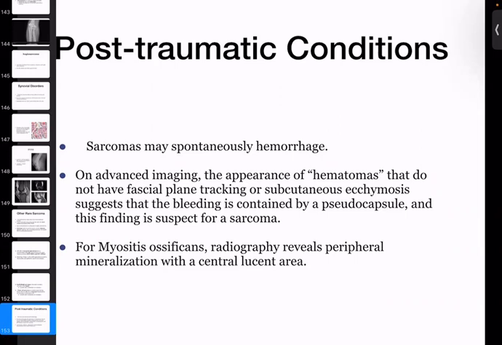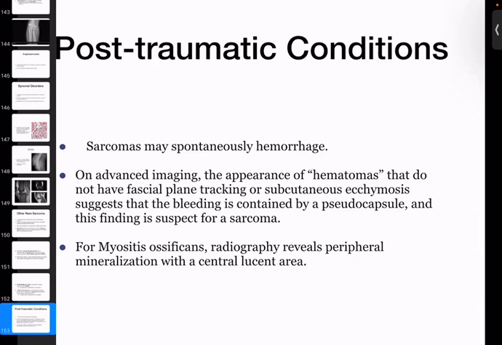So if the patient has a history of very recent trauma, and 1 or 2 months later develops calcification within a muscle, or calcification in the soft tissue, myositis ossificans should be considered in your differential diagnosis. But assume the patient has no history of trauma whatsoever, not even minor, and suddenly has calcification within the soft tissue.